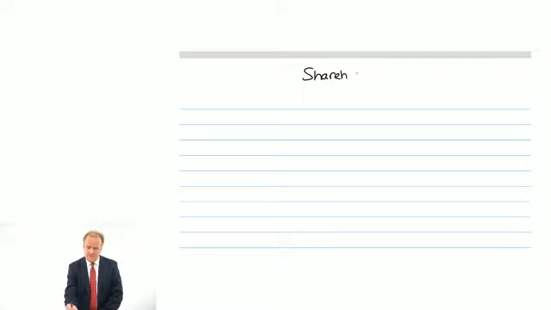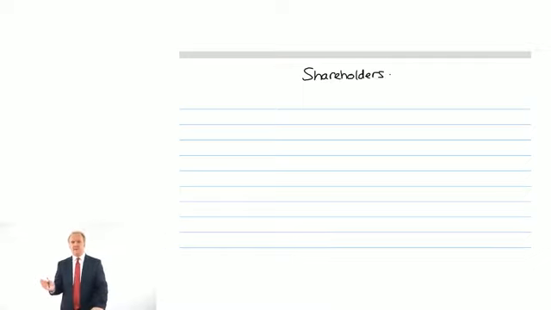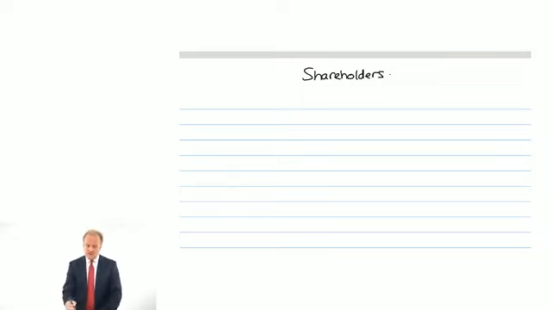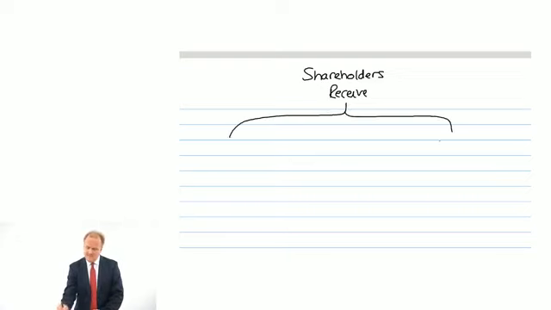This is all to do with the fact that if we are auditing a fairly big listed company, what the shareholders are going to receive is not just the financial statements with the audit report, because what they're also going to get is the company's annual report.